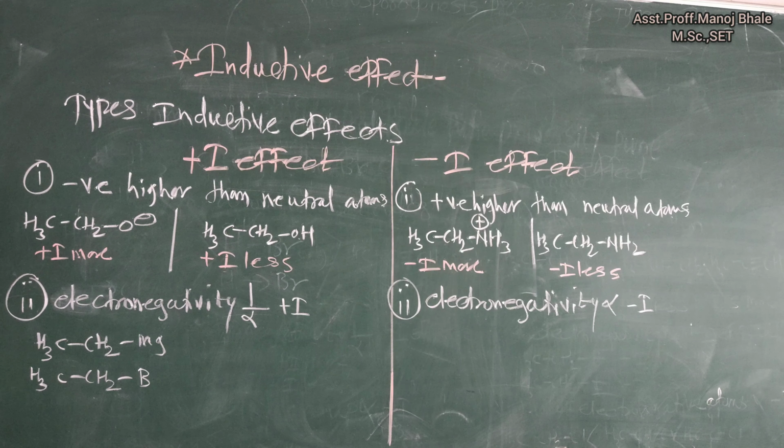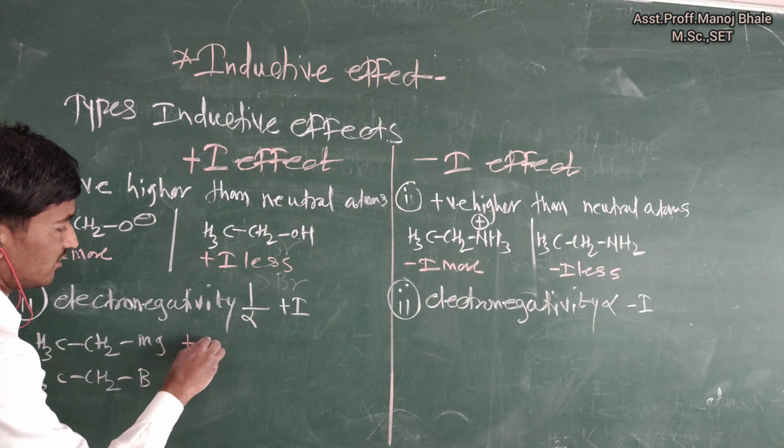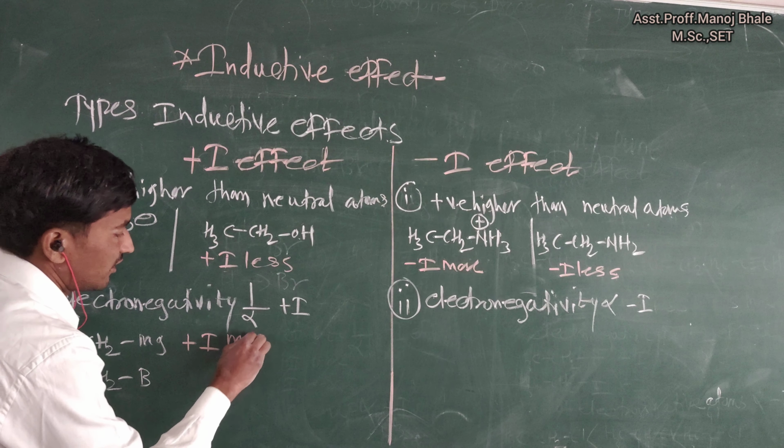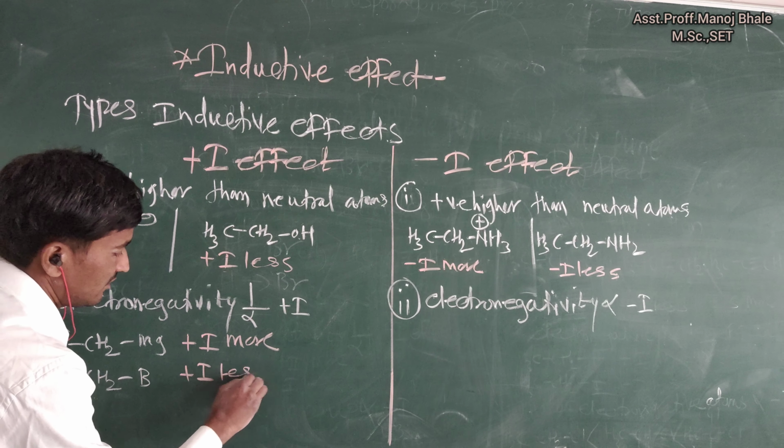If we compare electronegativity, which is more electronegative? Boron is more electronegative, and magnesium is less electronegative. So in which of these two examples is the plus I effect greater? Obviously in the first example the plus I effect is more, and in the second example the plus I effect is less.